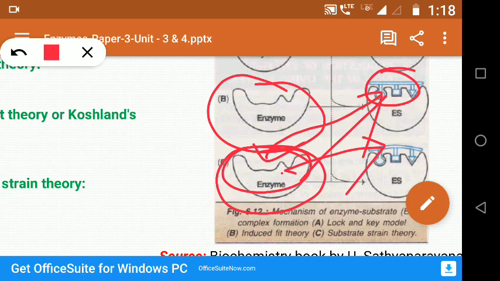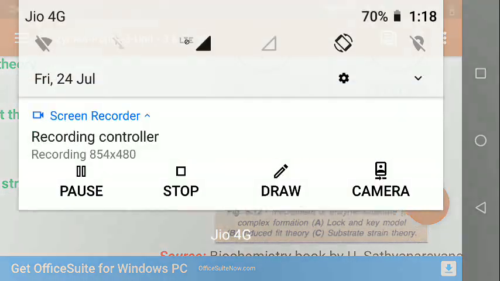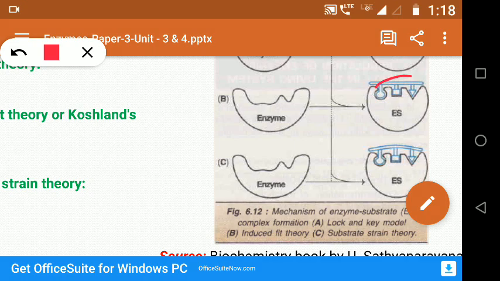The induced fit theory explained that the substrate is complementary to the active site. The active site itself is complementary to the substrate.